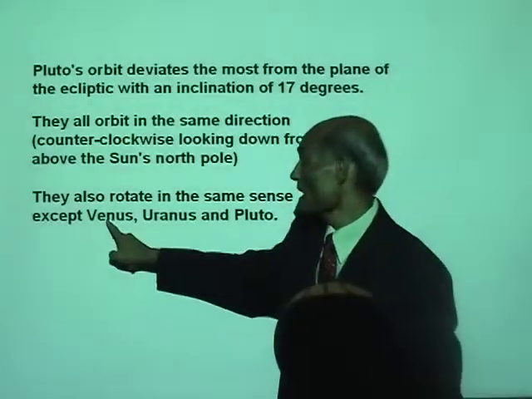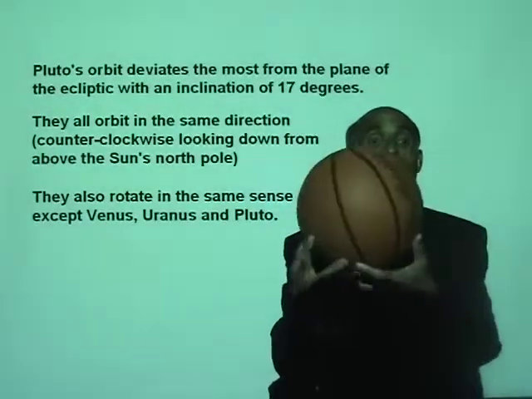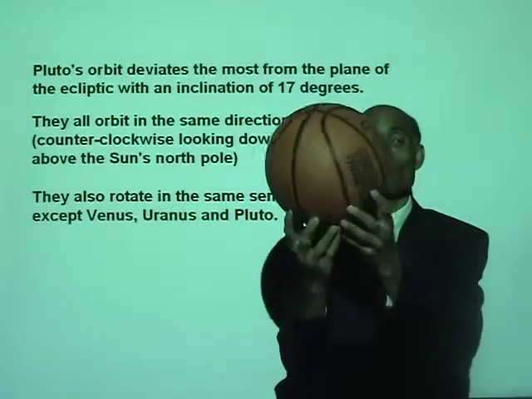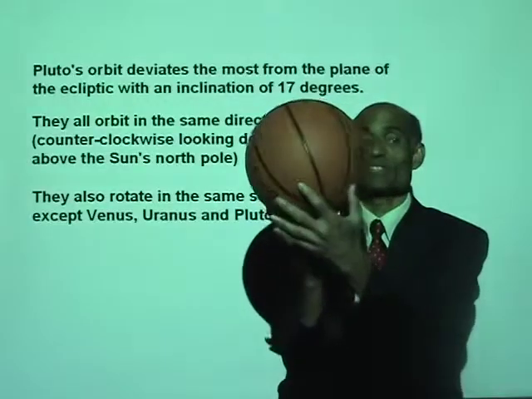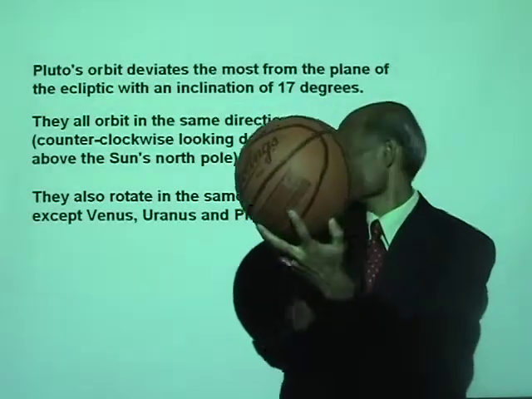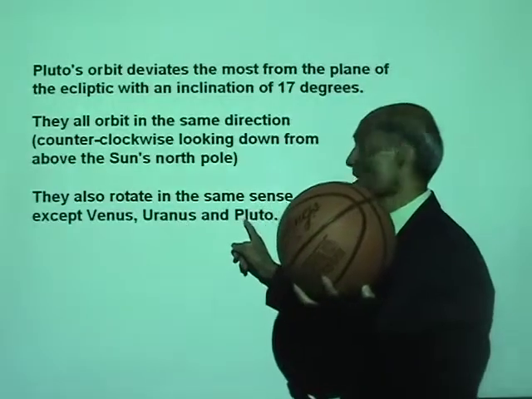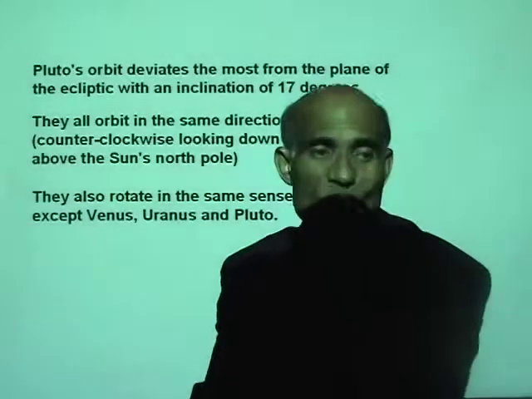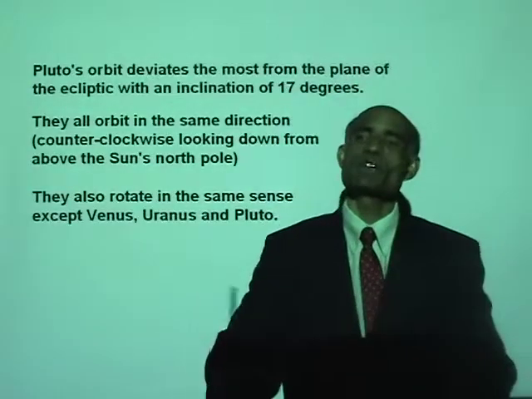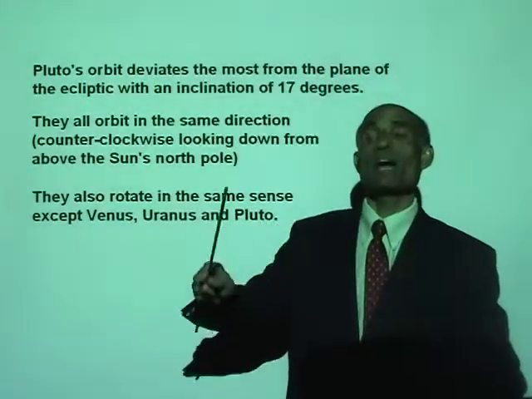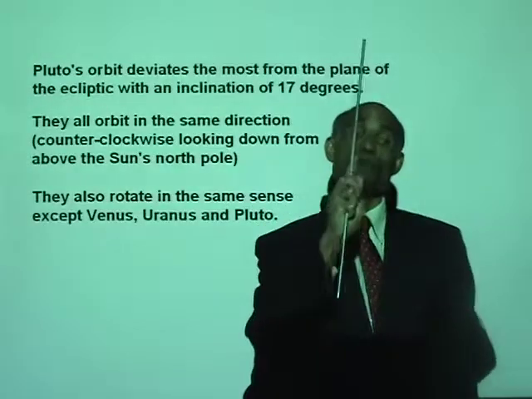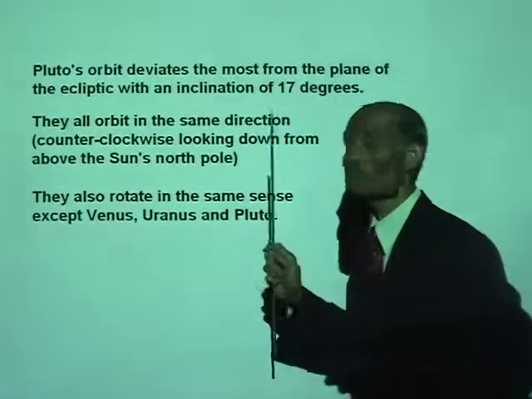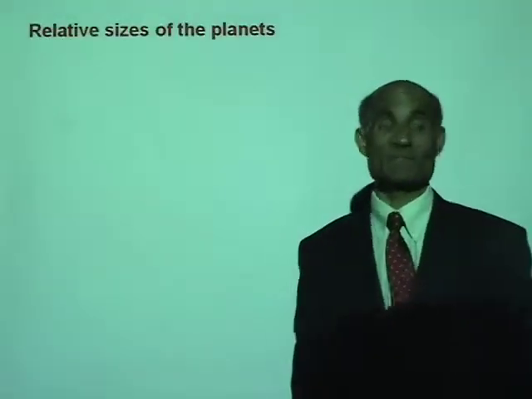But the rotation of Venus is clockwise. If Earth rotates like this, counterclockwise, Venus rotates in the opposite direction. Similarly, Uranus, and Pluto, of course, is not a planet. So I hope you got the concept of the planets going around the Sun in the counterclockwise direction, and they also rotate in the counterclockwise direction, except Venus and Uranus.